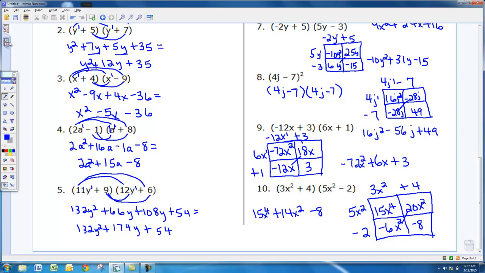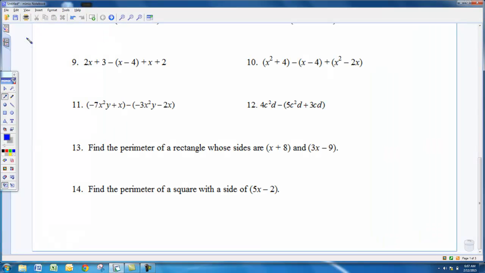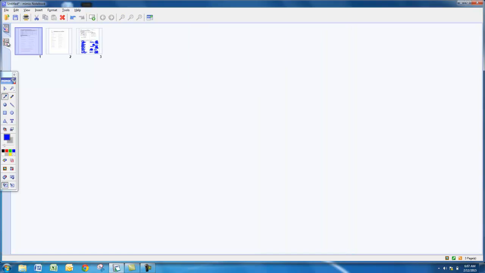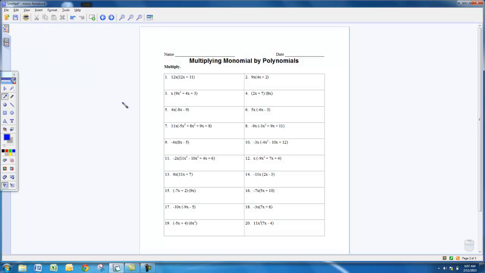Again, those 2 assignments are practice classifying, adding, and subtracting polynomials, and multiplying a monomial by polynomials. Actually, those assignments are due on Tuesday when you come back from President's Day, and I will see you then.